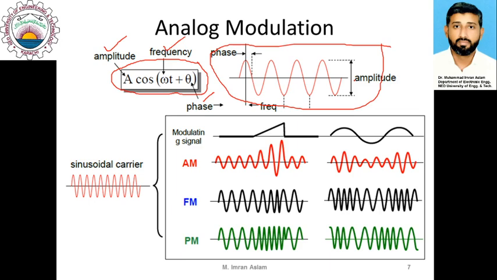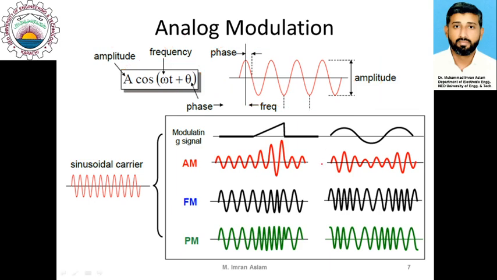Whenever we employ this carrier for modulation purposes, we apply a modulating signal. Say for example we have a modulating signal which is represented here, and here we are taking two examples of modulating signal. This modulating signal changes one of the properties of the sinusoidal carrier.